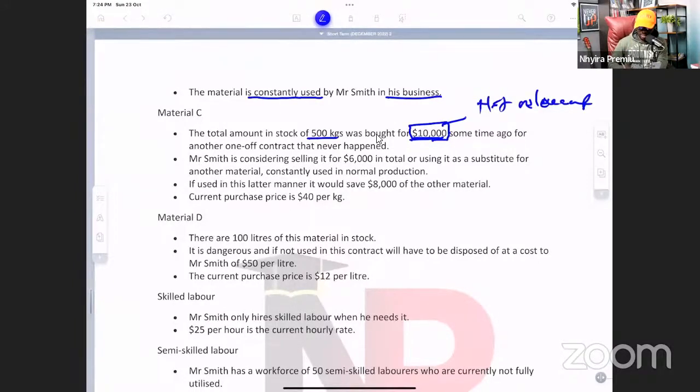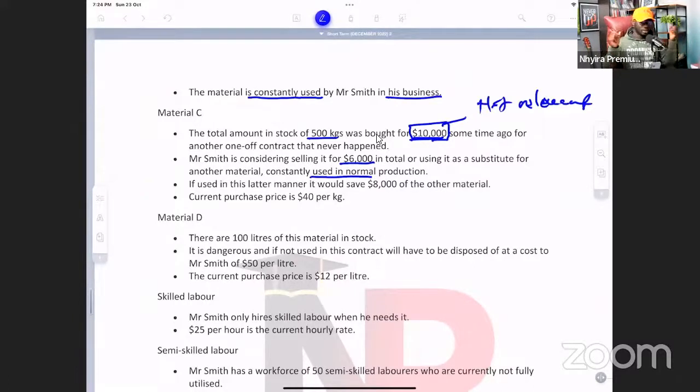Mr. Smith is considering selling it for 6,000 in total or using it as a substitute for another material constantly used in normal production. Okay, so there are two options here. Either he will sell it for 6,000 or use it as a substitute to produce another product, which is in constant production. Stay with me carefully.